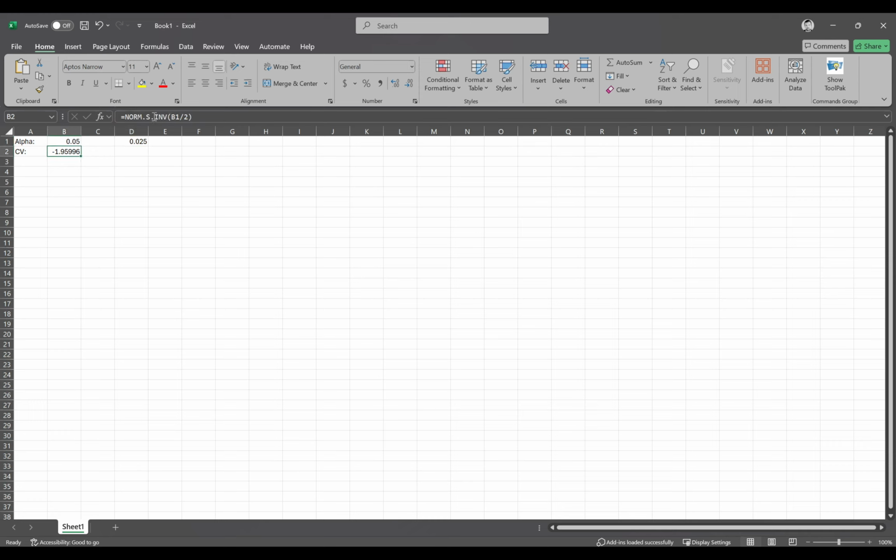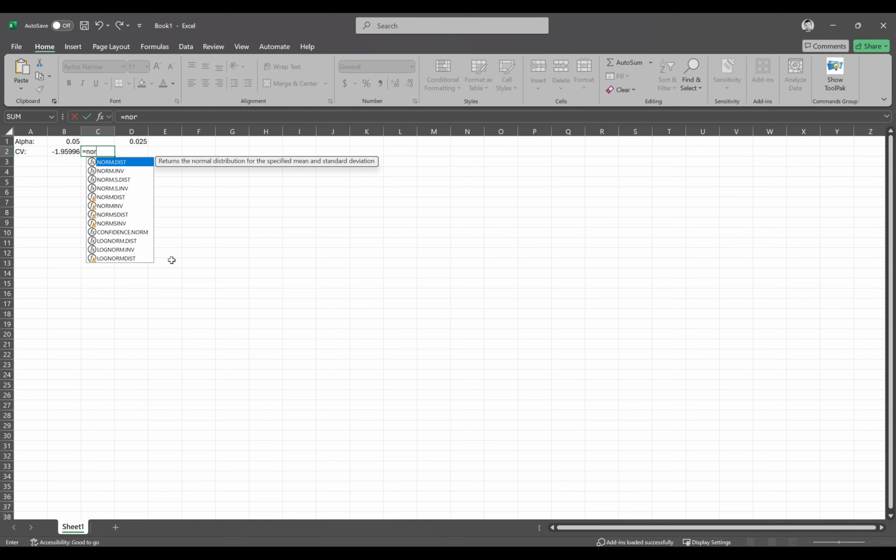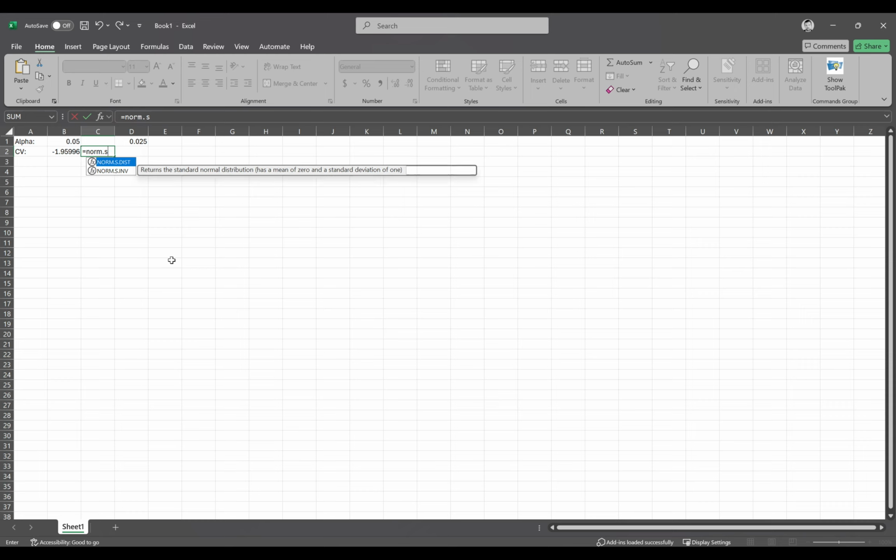And so that's why we're doing the inverse of 2.5% on the bottom end. That's asking what's the critical value, the cutoff for that area on the bottom there. And this one asks for it on the top. I know in the video we also did this. How do we do it for both? So we do 1 minus that alpha over 2.